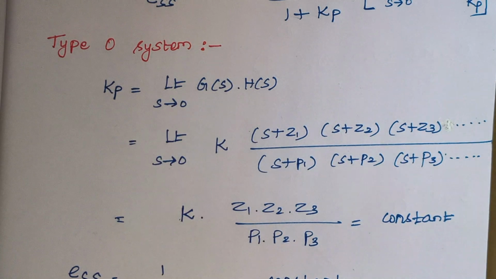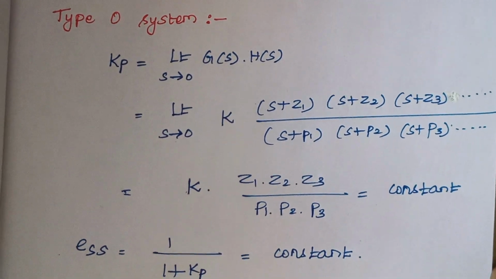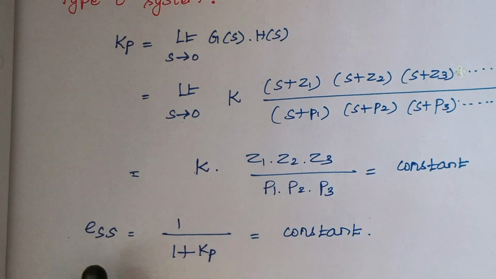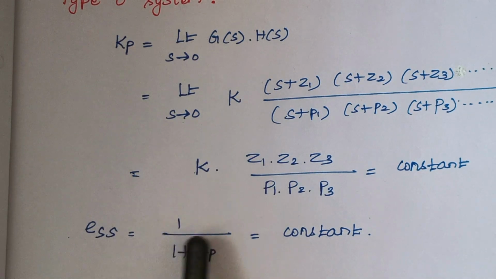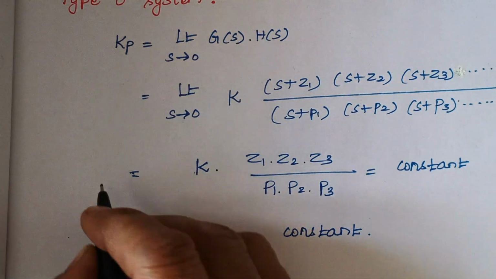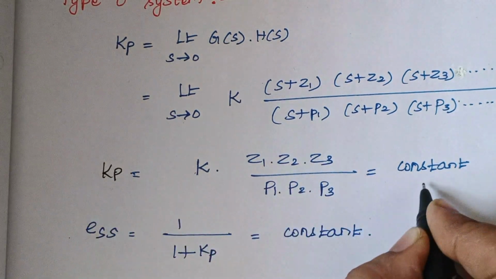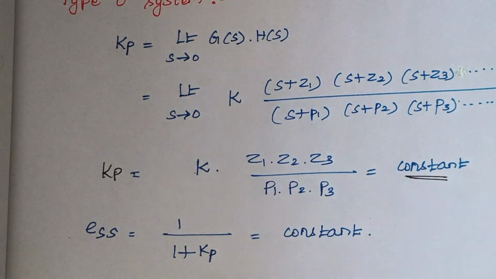Now we substitute in the steady state error formula: the steady state error is given by 1 divided by 1 plus Kp. Here the value of Kp is a constant, so when I substitute a constant, the final answer will again be a constant. So for a type 0 system, the steady state error is a constant.